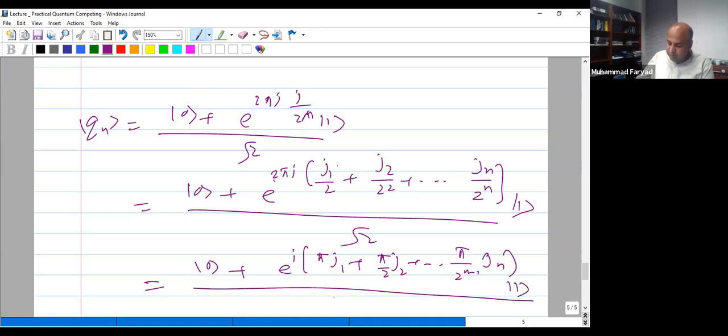So it means I need a controlled phase that gives a phase of pi with respect to j1, which I can get just by applying a Hadamard to j1 itself. And then a phase of pi by 2 controlled by j2, because if j2 is 1, this should work. If j2 is 0, this shouldn't be applied. So that's why I need a control with respect to j2, all the way up to jn.